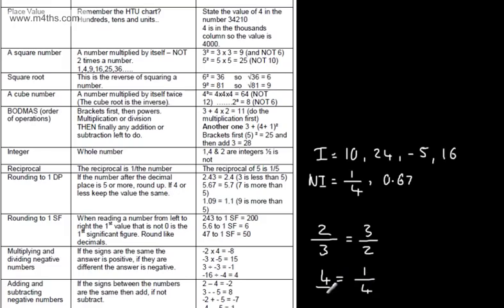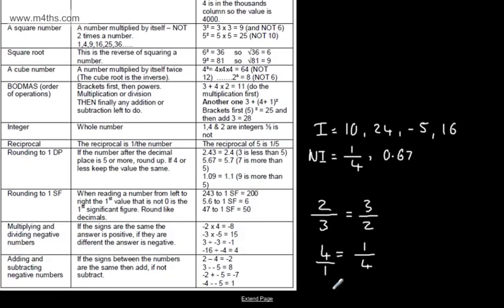We never write this as 4/1, but essentially that's what it is. If I had the reciprocal of 7/5, the reciprocal is 5/7. If you multiply those two numbers, you're going to get 1. So that's what a reciprocal is. So we've done integers and we've done reciprocals.